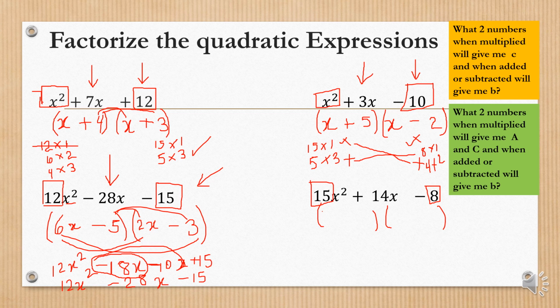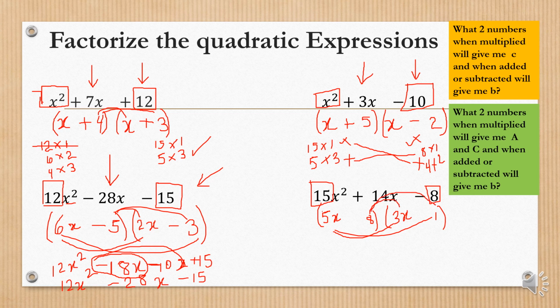So now we're going to try 5 by 3 and 8 by 1. Okay, so 5x and 3x and then 8 and then 1. Let's multiply this by this, this by this, this by this, and then this by this.